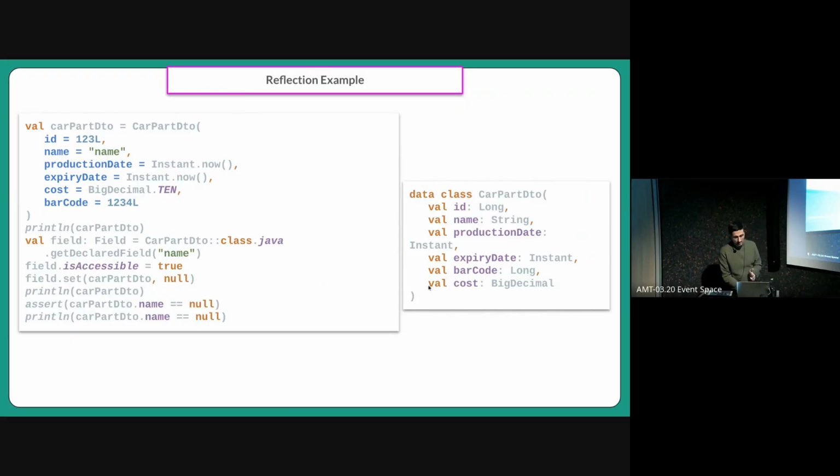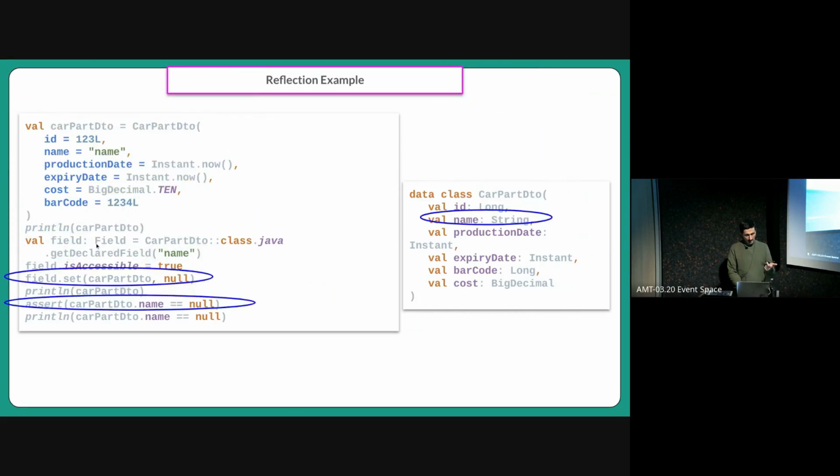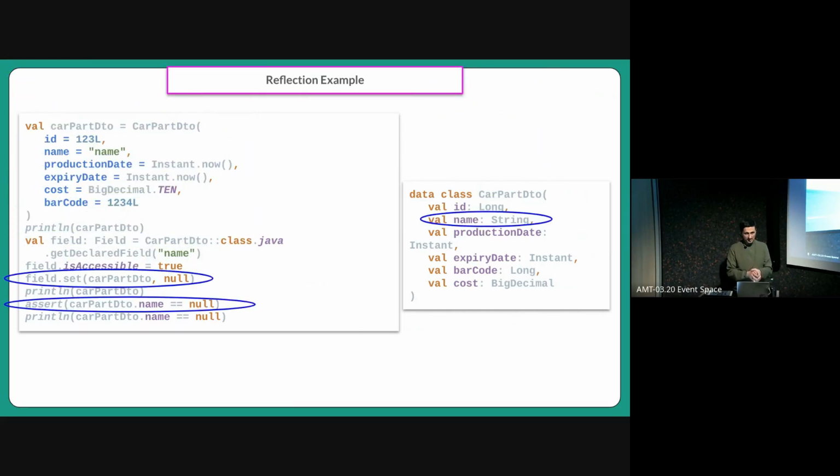I'm just saying, hey, I want to get the field, and then in this field, I'm going to set a null. And there's a difference in what I'm saying: I'm saying set, and I'm not saying assigning, because null safety does protect us from assigning a null value, but this is a set. So we are setting a null value in something that is not supposed to be nullable.